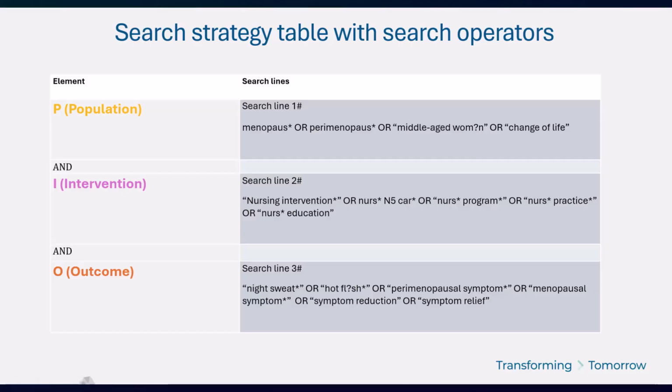Here is the search table we created for the research topic in women experiencing menopause or perimenopause. How effective are nursing interventions in reducing night sweats and hot flushes?